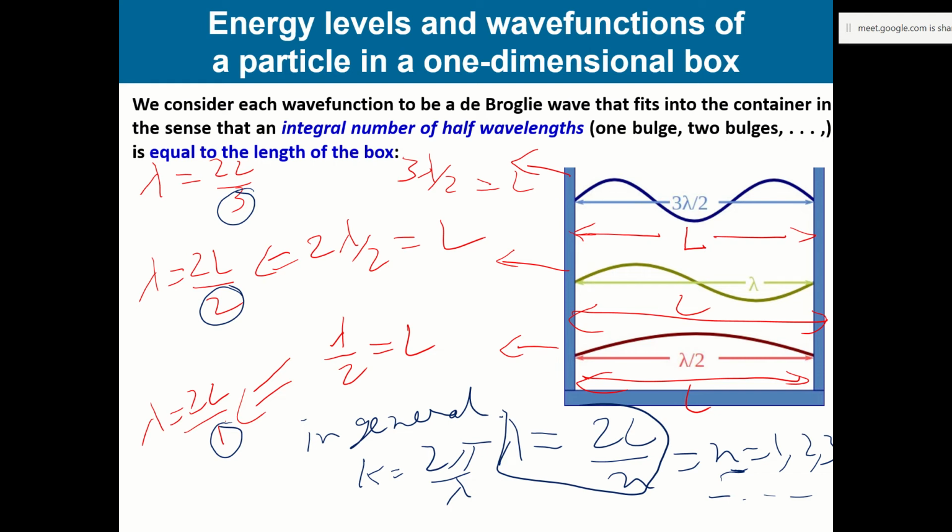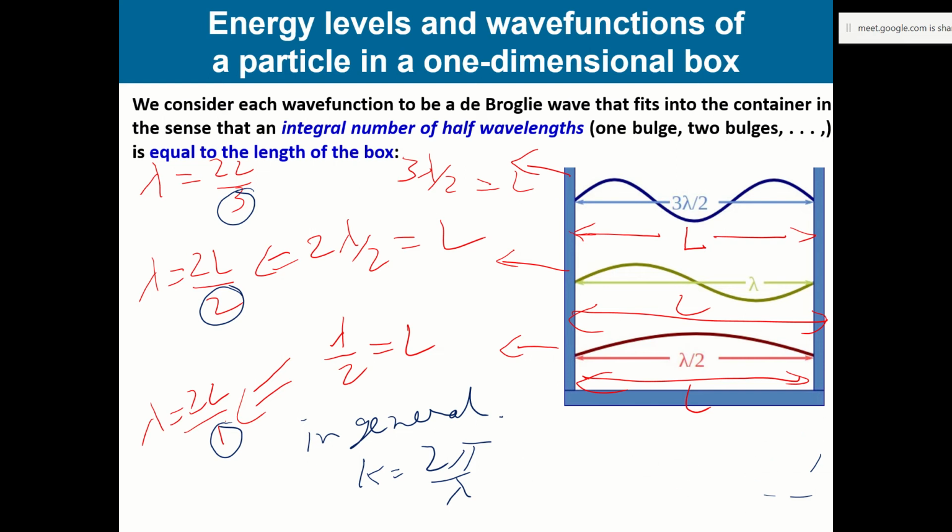K is 2 pi by lambda, we have just found that lambda is equal to 2L by n. So k is equal to 2 pi by 2L by n.